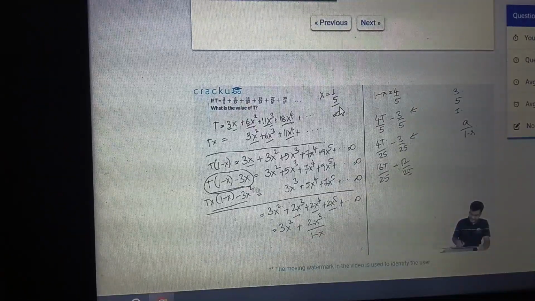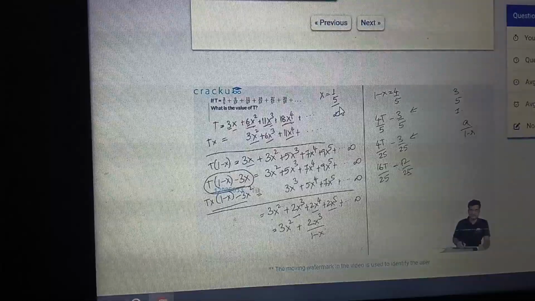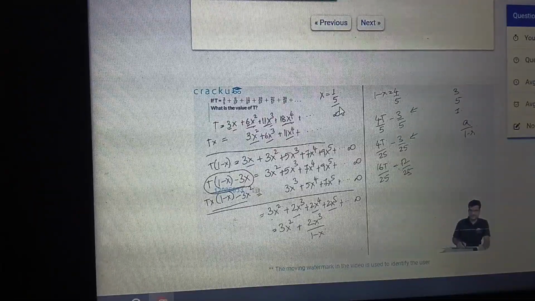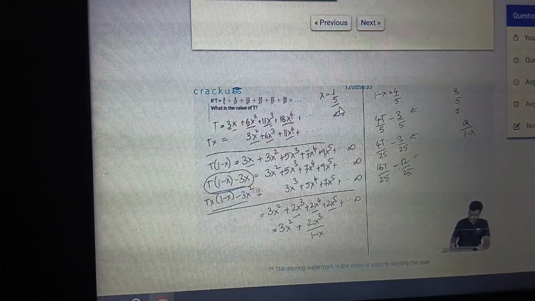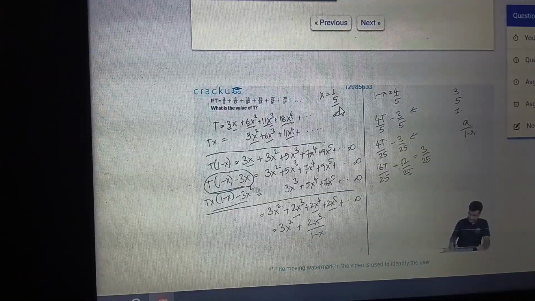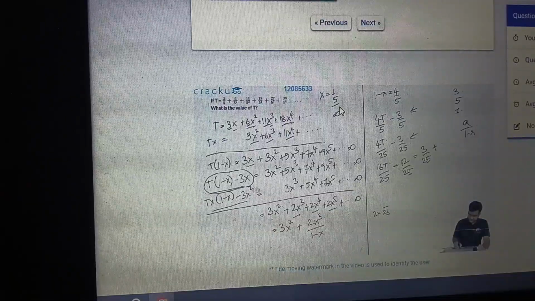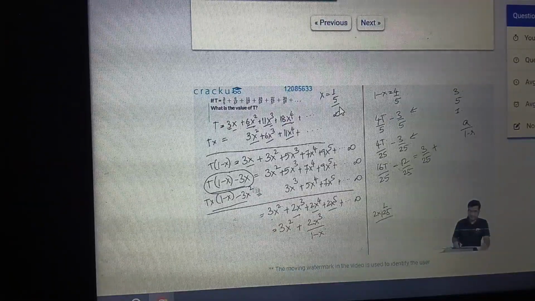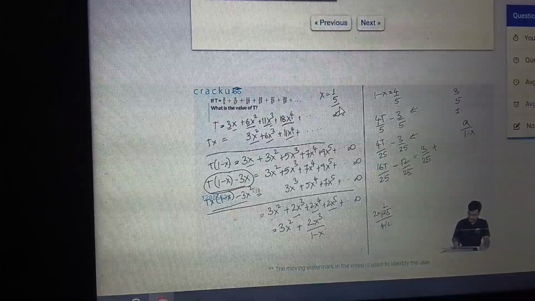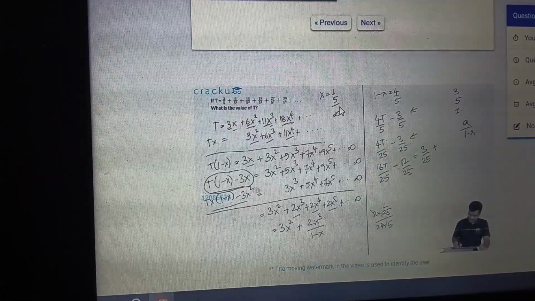This is the left hand side. This is equal to 3x square plus 2x cube by 1 minus x. We can simplify 3x square. This will be equal to 3 by 25 plus what is the value of 2x cube? That will be 2 into 1 by 125 divided by 1 minus x, which is again 4 by 5. You can simplify this. This is 2 and this is 25.